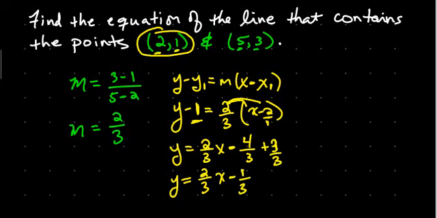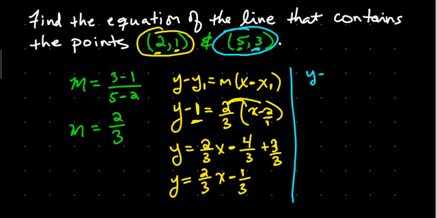Okay. Now I'll go to magenta. Let's do it again and use this point to show that we would still get the same thing. It doesn't matter. So we've got y minus y1. This time it's going to be 3 equals m, which is 2/3, times x minus x1.